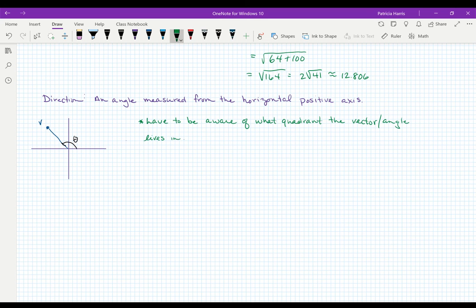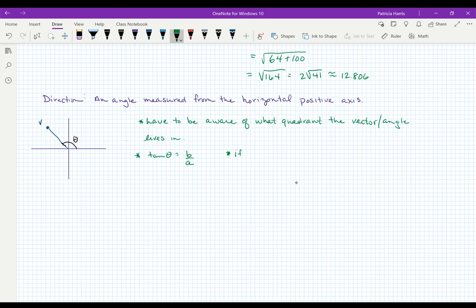Because if you're going to use your calculator, remember, if you use tangent inverse or cosine inverse or sine inverse on a calculator, it limits the answer to just two quadrants. So if you're living in a quadrant the calculator doesn't like for the inverse, then you're going to have to adjust. The formula that is typically used is tangent theta equals b over a.